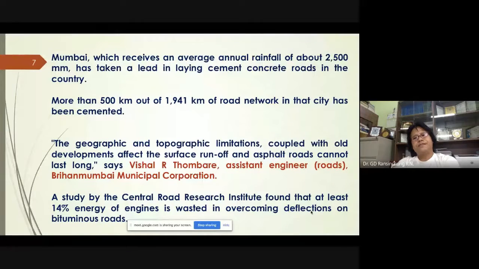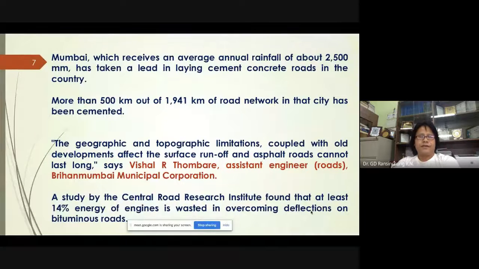Mumbai, which receives an average annual rainfall of about 2,500 mm, has taken the lead in laying cement concrete roads in the country. More than 500 kilometers out of 1,941 kilometers of road network in that city has been cemented.